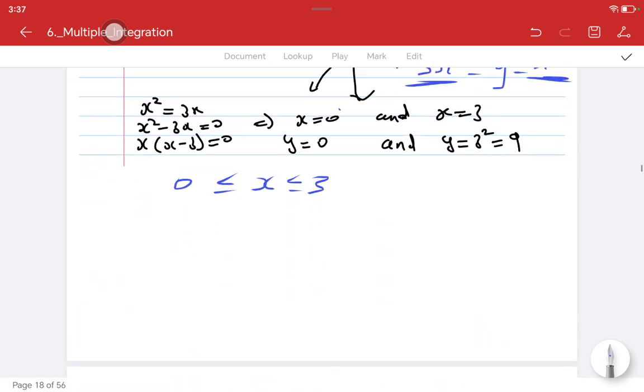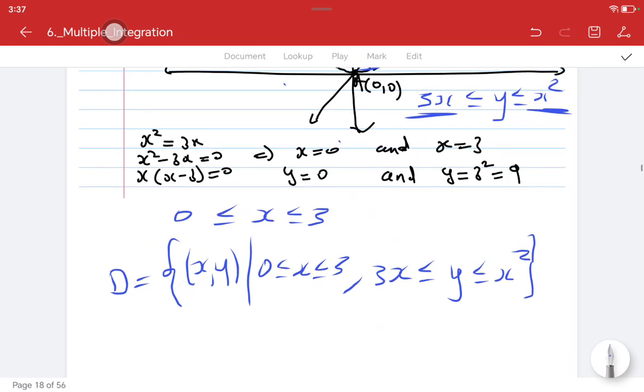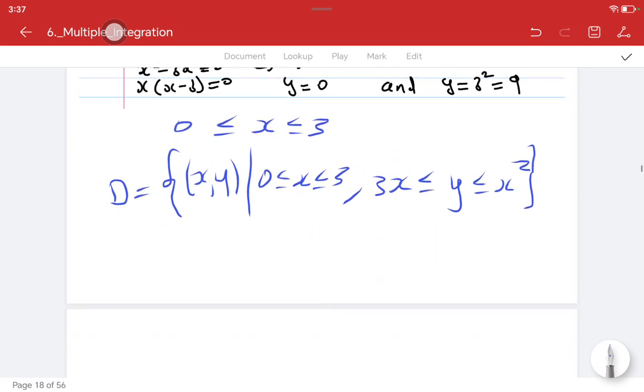So we point up. Now we know that type 1 region, D is equal to the set of (x, y) with x from 0 till 3, and then y from 3x till x squared. This is the type 1 region. Before we change it to a type 2 region, we're going to check: can we integrate this?